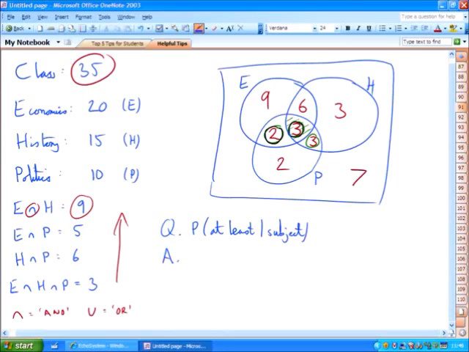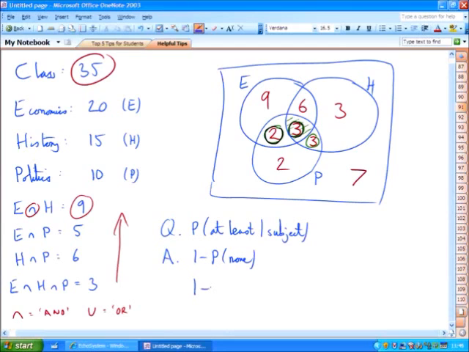That could take a little while to work out, but clearly the probability of studying at least one subject is going to be 1 minus the probability of studying none of those 3 subjects. Because clearly a randomly selected student either studies none of economics, history, or politics, or studies at least one of them. And why is this an easier method to work with?